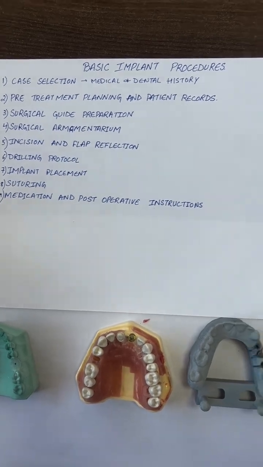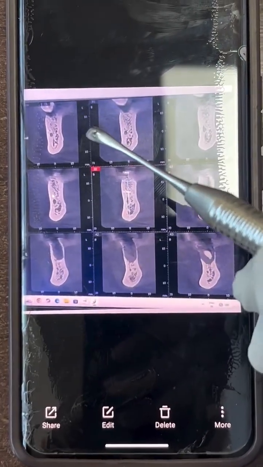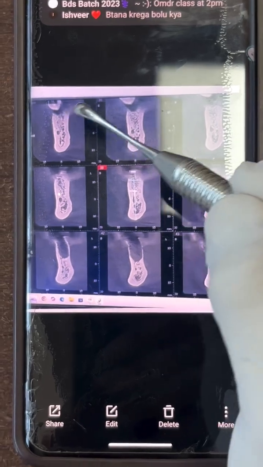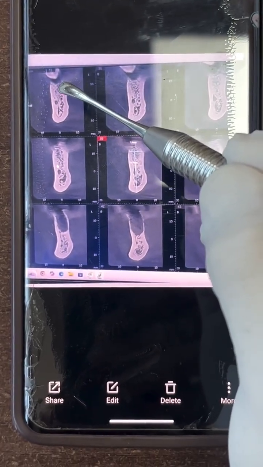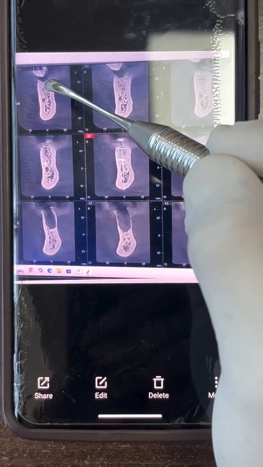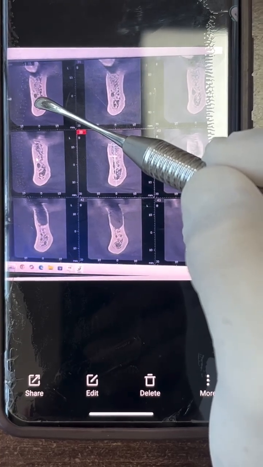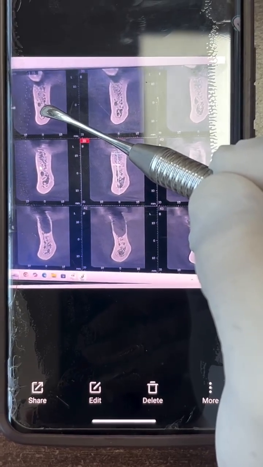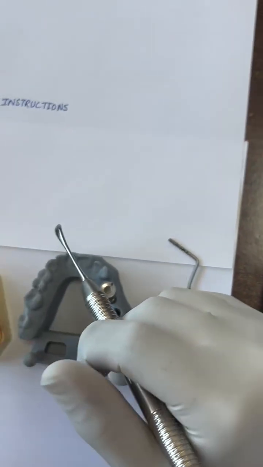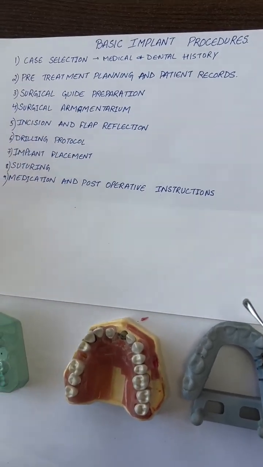The CBCT scan will give us quite a detailed idea about the bone volume, the bone buccolingual dimensions, mesiodistal dimensions, and the space from the crest to the anatomical landmark, whether it is a nerve or whether it is a maxillary sinus. So we should really take time to understand the bone volume, bone size, as well as the bone density.